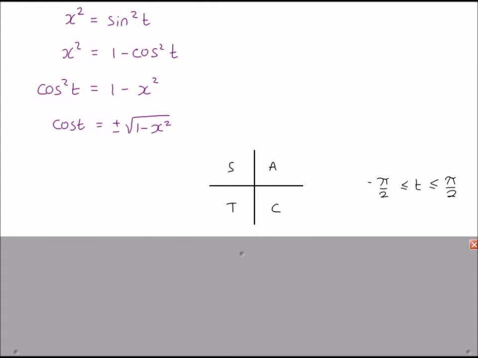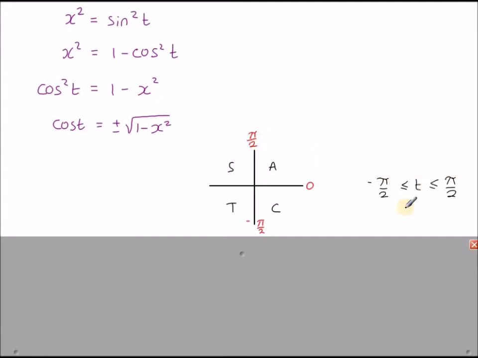Now I'm going to use the CAST diagram to determine whether it's the positive or negative solution. So t is an angle between minus pi over 2, so if that's 0, then on the CAST diagram here, then minus pi over 2 is here. So negative angles going clockwise, positive angles going anti-clockwise, so this is pi over 2.